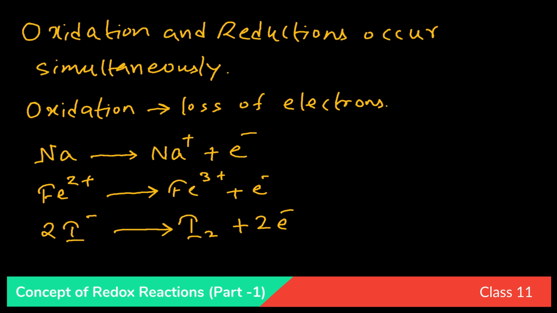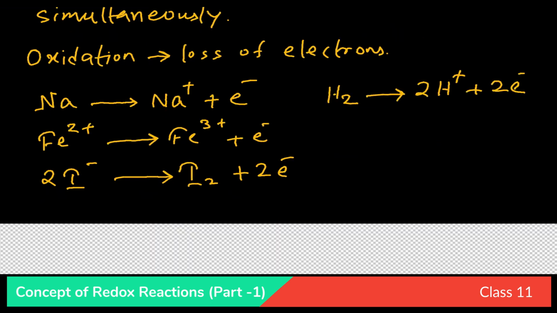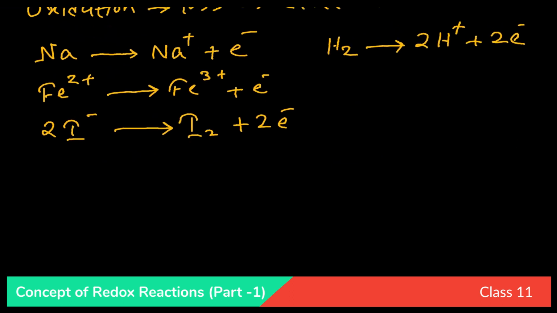And finally, if we talk about a molecule, suppose a hydrogen molecule, it will lose electrons to form H plus ions. So these all are examples of oxidation. That means all these reactions involve loss of electrons. Understand?